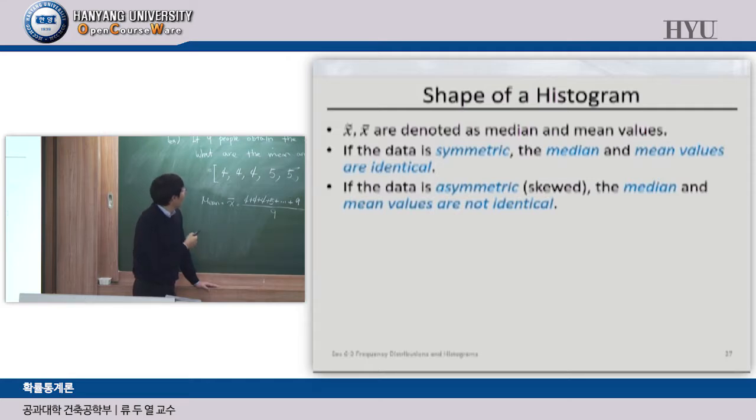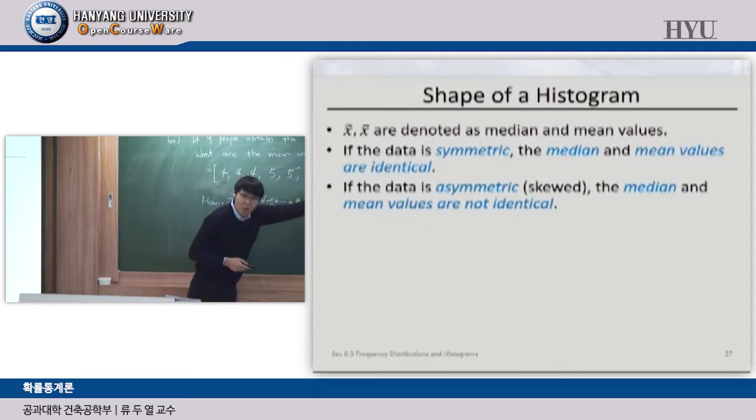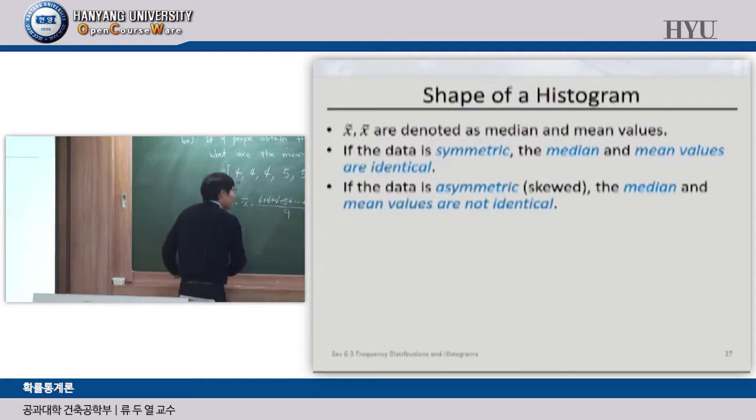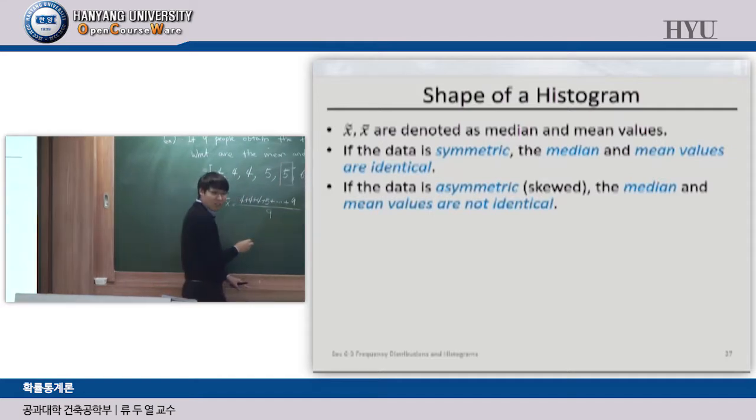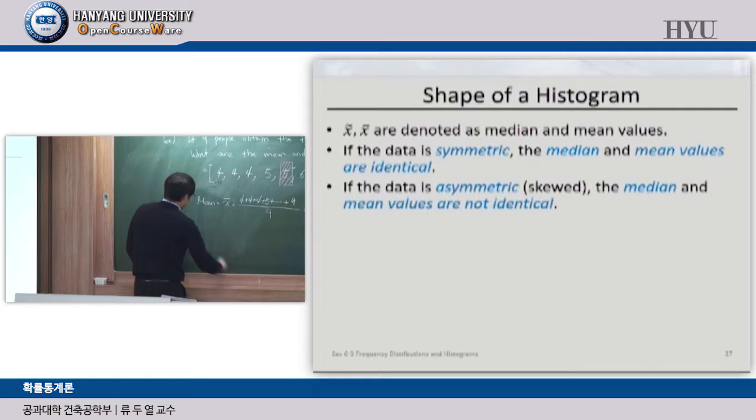And also, if we provide the data points in ascending order, which means that this is the smallest data point and this is the largest data point, the fifth data point is the median, right? 중간값. So the median is equal to 5 in this case, right?